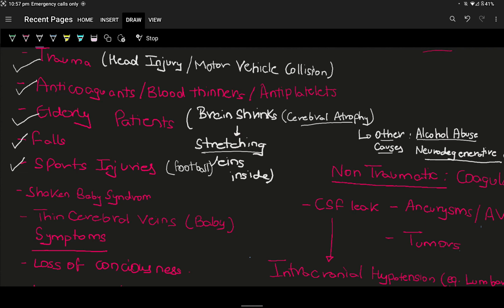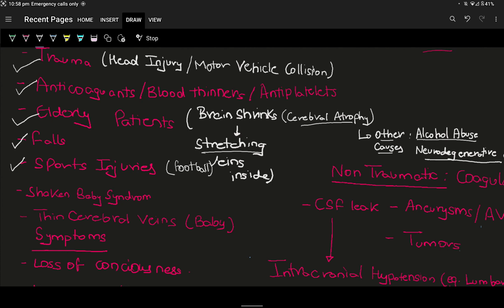Subdural hematoma would usually present with a sudden onset of headache. The headache may be mild. With time, you may feel symptoms of tiredness, confusion, and memory problems if it presents as a chronic subdural hematoma.